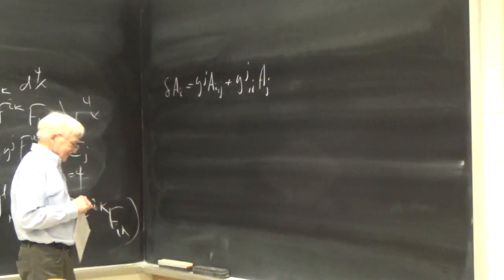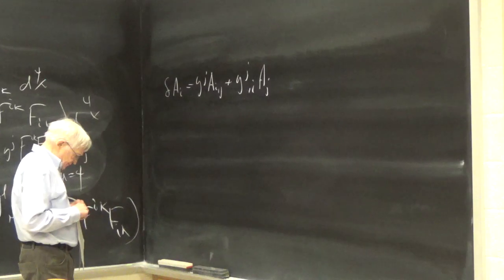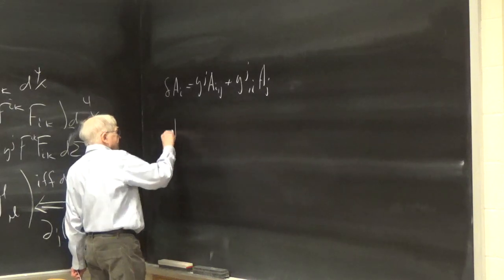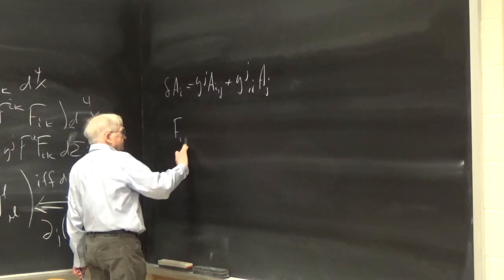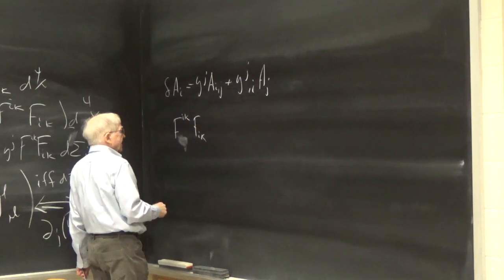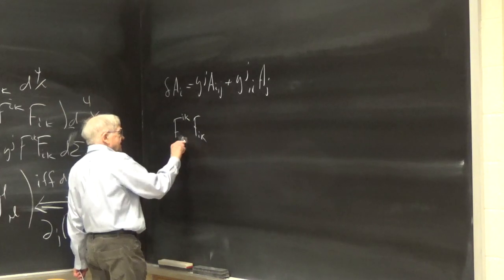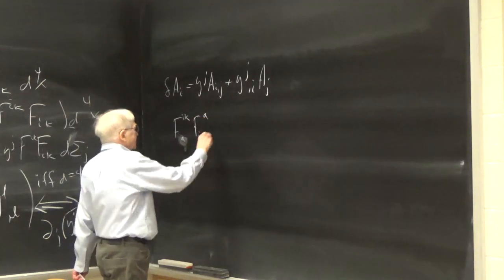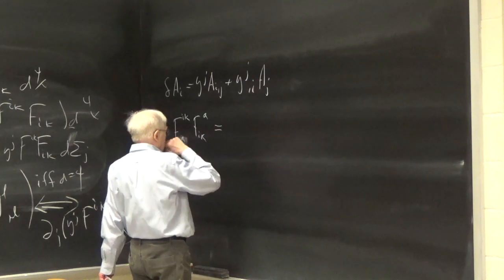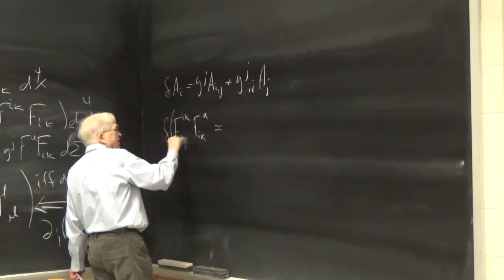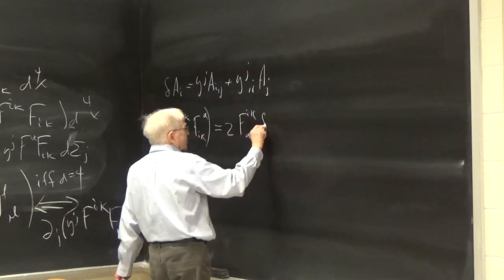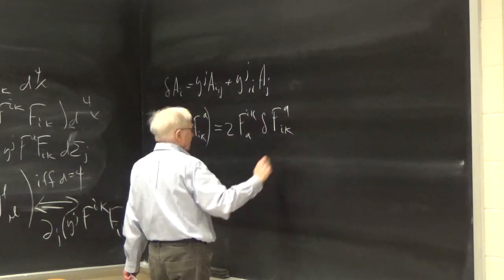So now, let's see. The actual action is still F_ik, but it has an extra index a on it. And so this is, well, we can always say this is 2 F^a_ik times the change in F^a_ik.